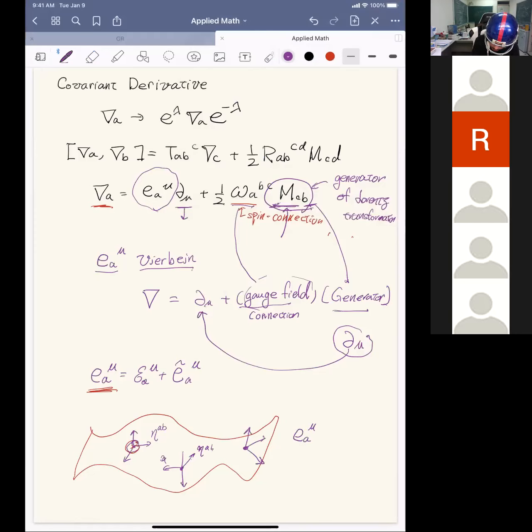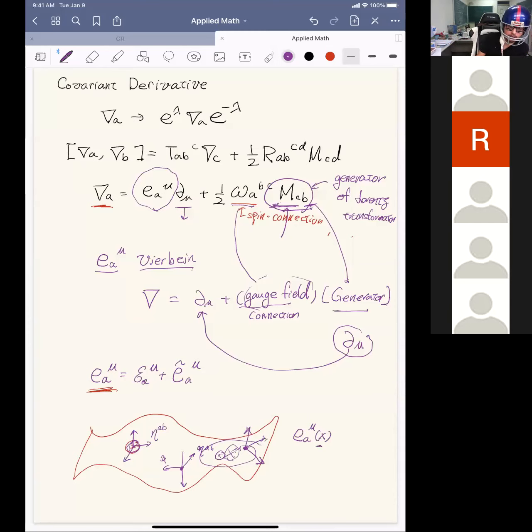So e^A_mu(x) tells you, at any point on the manifold, what exactly. Of course, mu is the direction of the coordinate chart. For example, if you have some x coordinate chart here, this tells you how the direction of the x coordinate chart relates to your local flat coordinates. So e^A_mu is like a set of sticks that you set up locally, and of course it's a function of x.